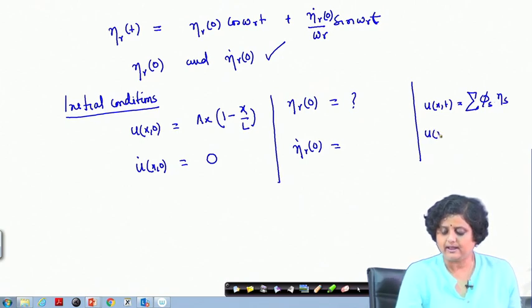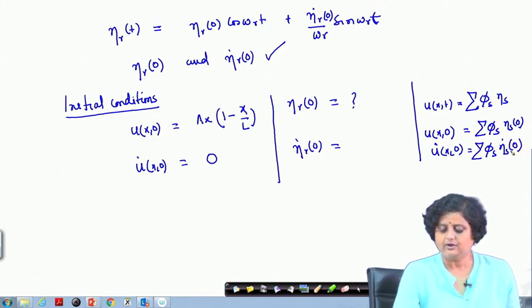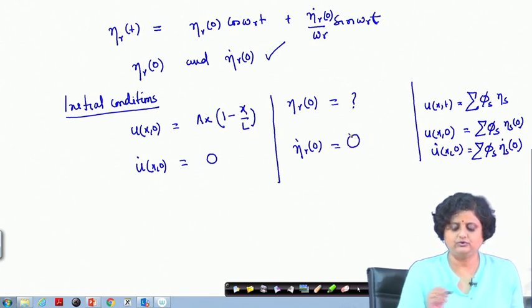So, u x 0 is, and u dot x 0. Now, since u dot x 0 is equal to 0, I can directly say without solving that eta dot 0 is going to be 0. So, this is 0.